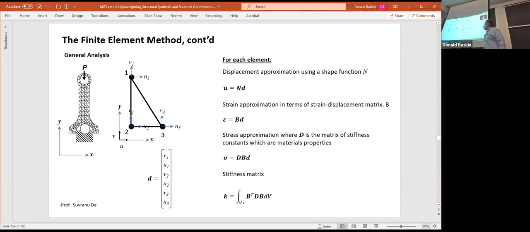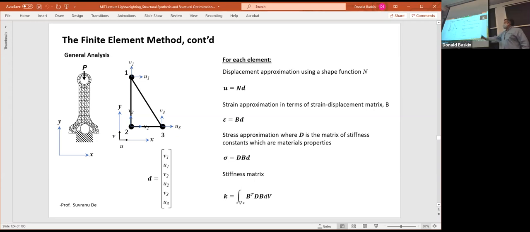The strain is equal to this displacement matrix d times B, and B is called the strain displacement matrix. I have yet to completely understand what the strain displacement matrix is, but I think it has something to do with the length, because the way you would get from displacement to strain has to involve a length.